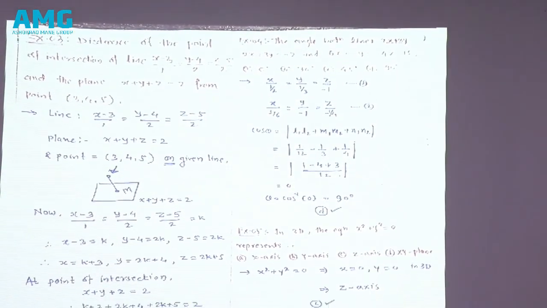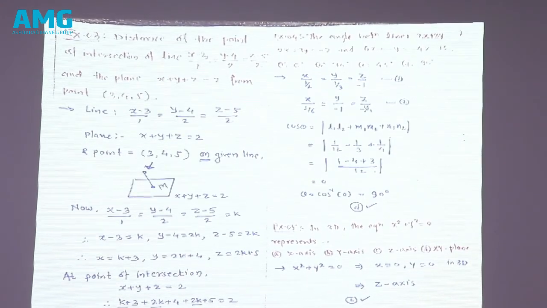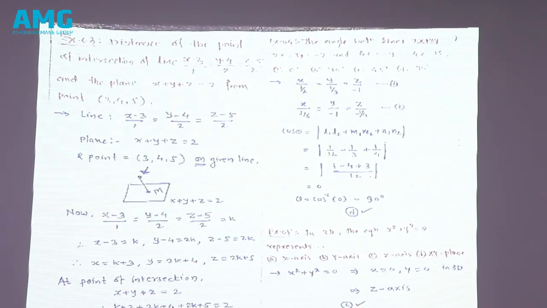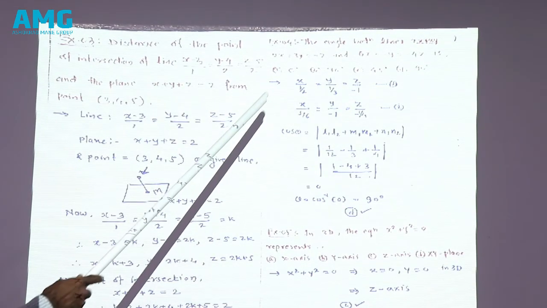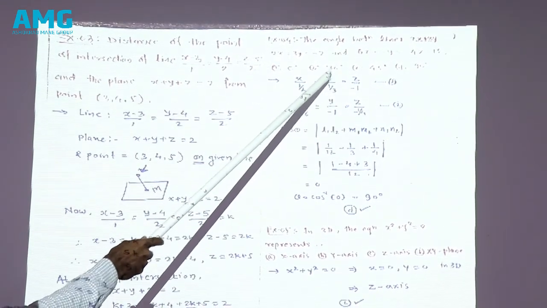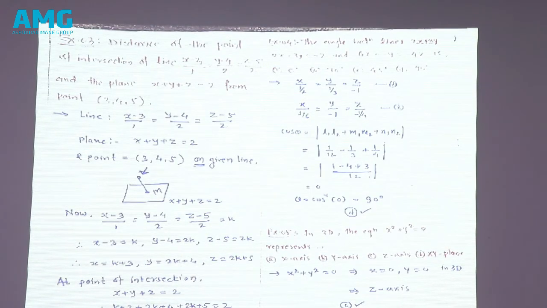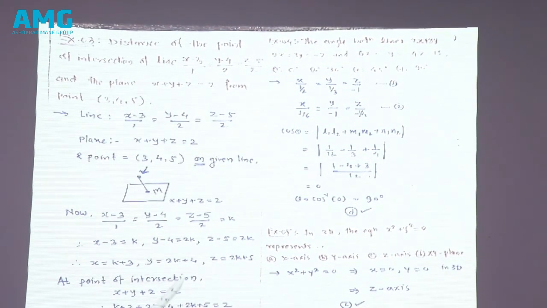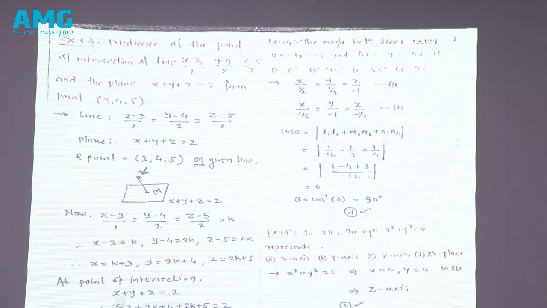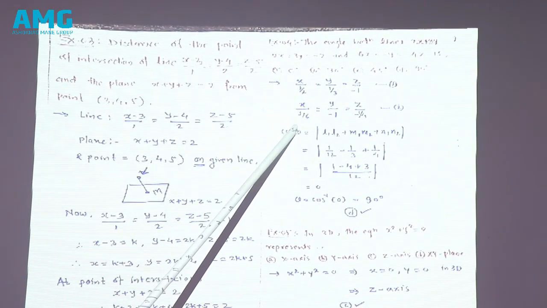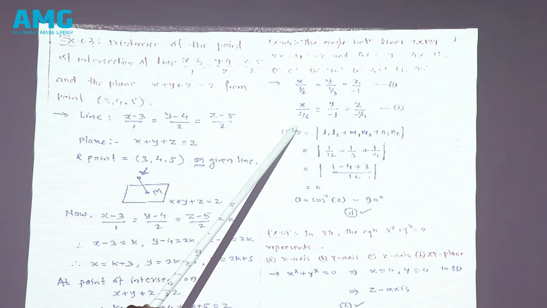Angle between the lines. There are two lines: 2x is equal to 3y is equal to minus z, and 6x is equal to minus y is equal to minus 4z. Then our target is to find the angle between them. We first write these equations in the proper format of the equation of a line in the Cartesian form.